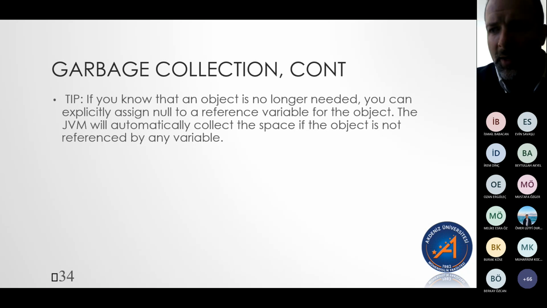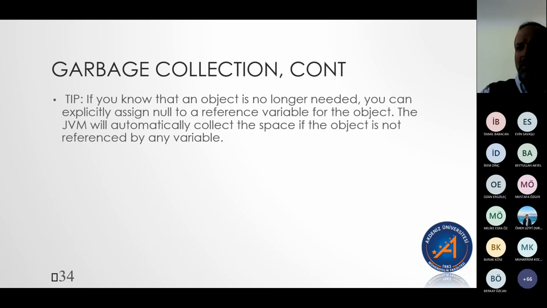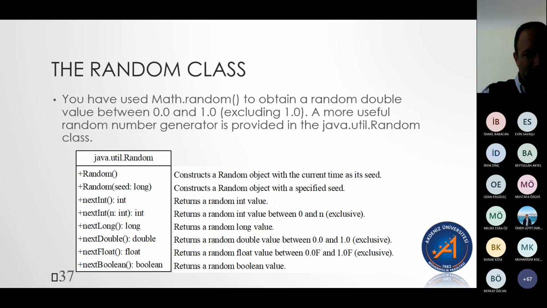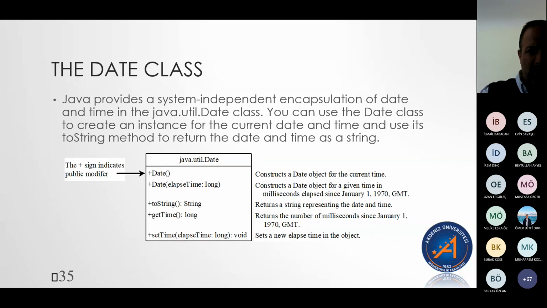Okay. I'm going to skip over this because I don't want to spend too much time on this set of slides. But the Date class here is a UML class diagram showing some of the useful methods, right?